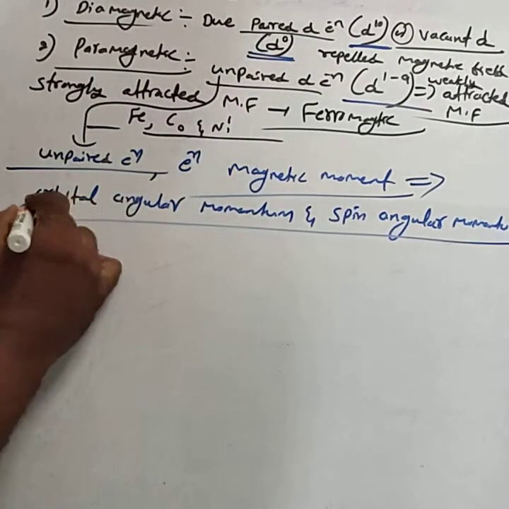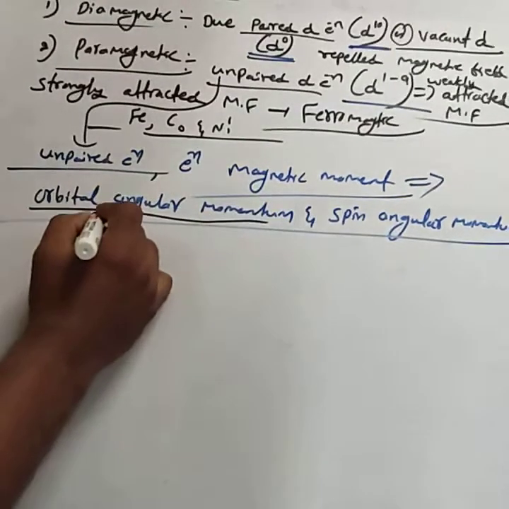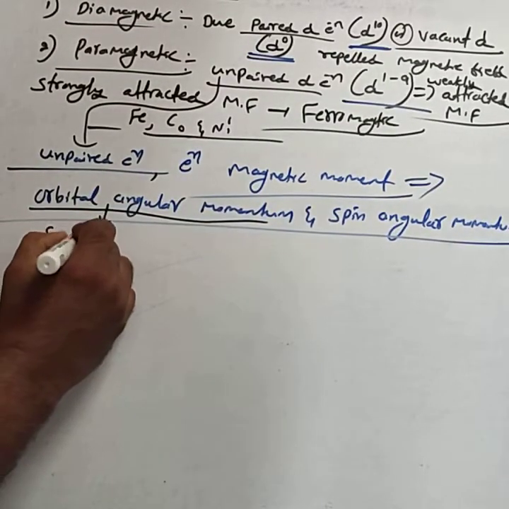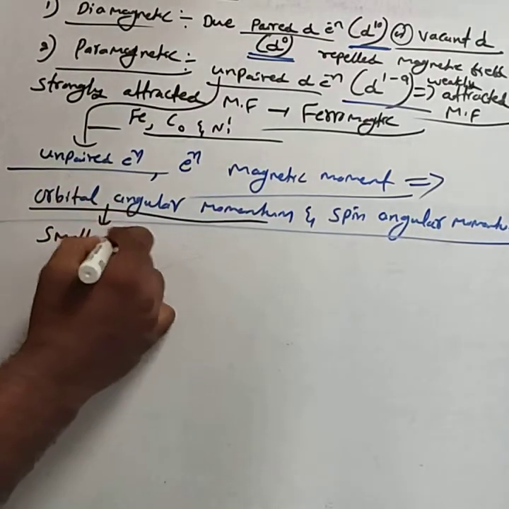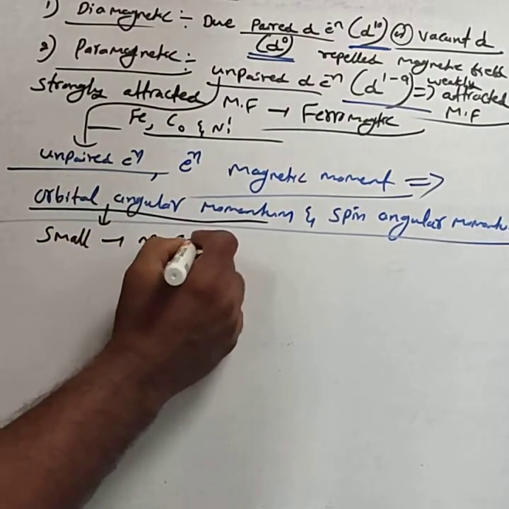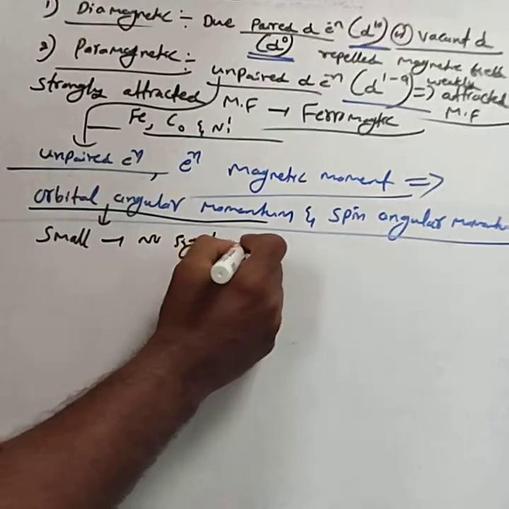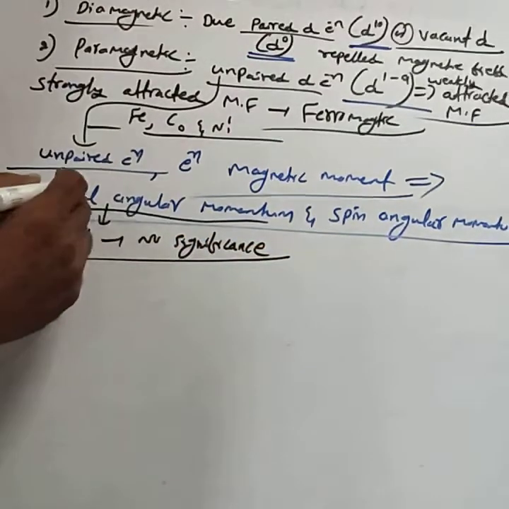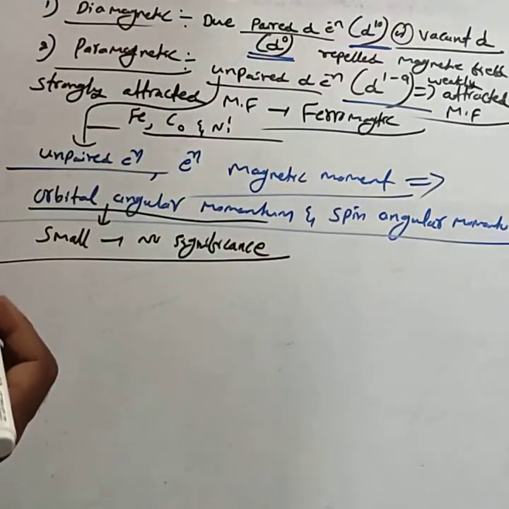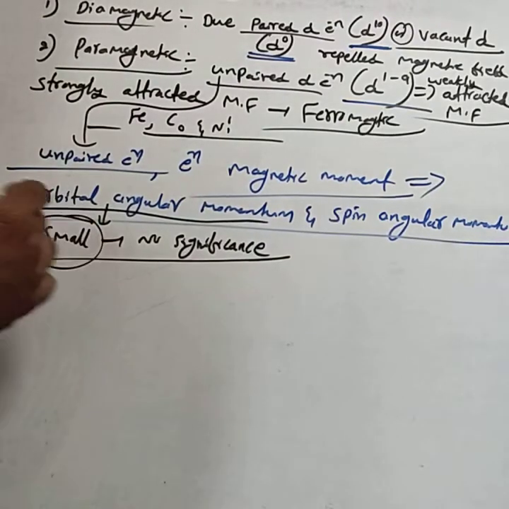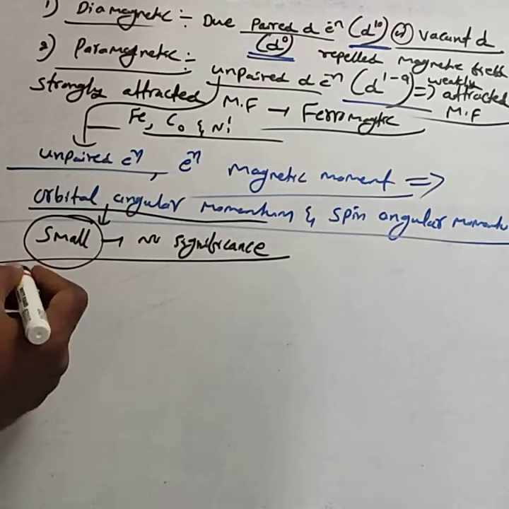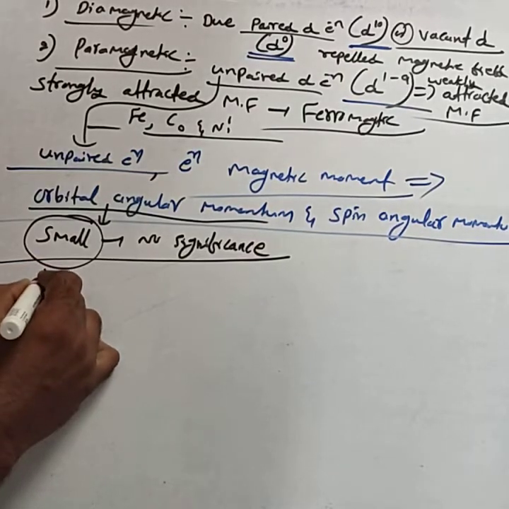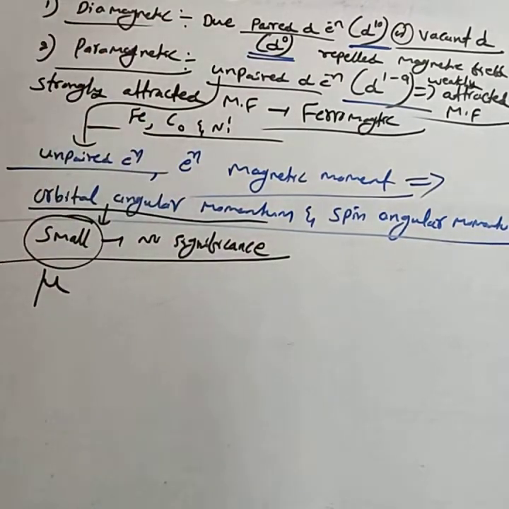This orbital angular momentum contribution is effectively very small and of no significance. We ignore the magnetic moment due to orbital angular momentum because of its small nature. The magnetic moment is generally denoted by the symbol mu.